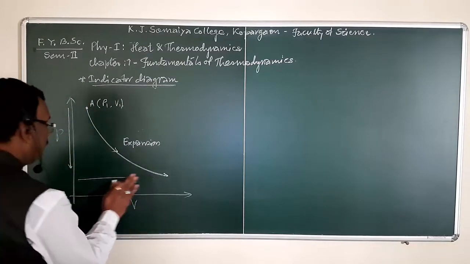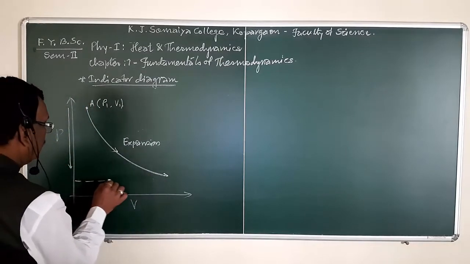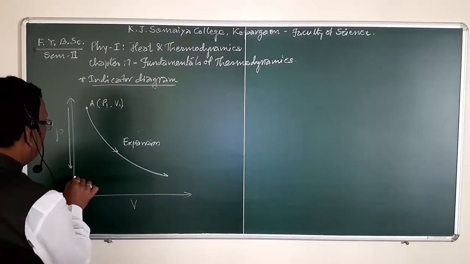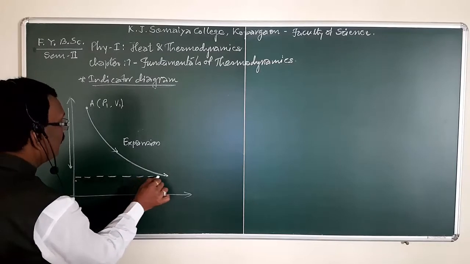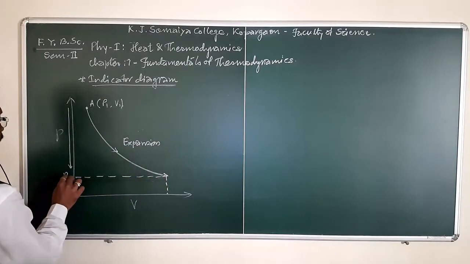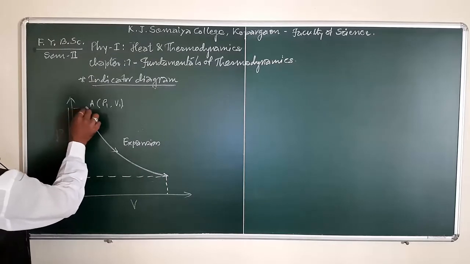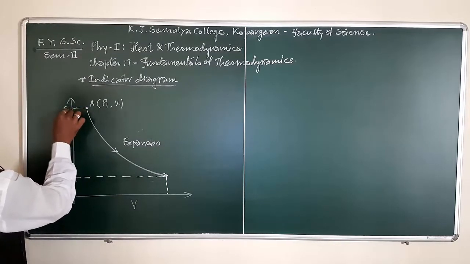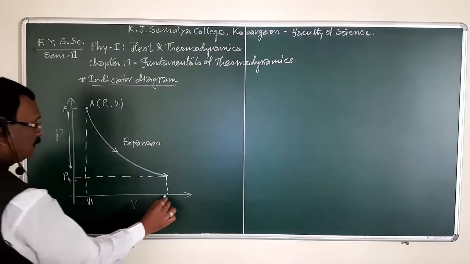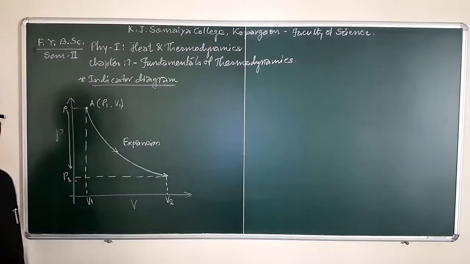And in this way, we can graphically represent the change of state, where this is the pressure P2, this is the pressure P1, and this represents volume V1, and this is volume V2.